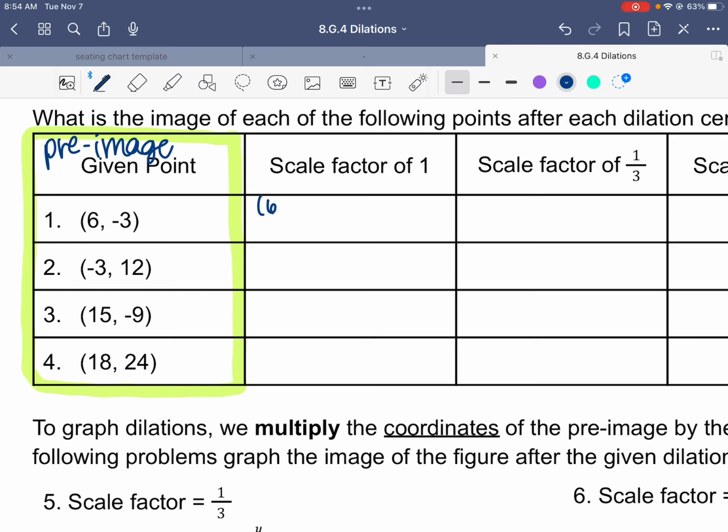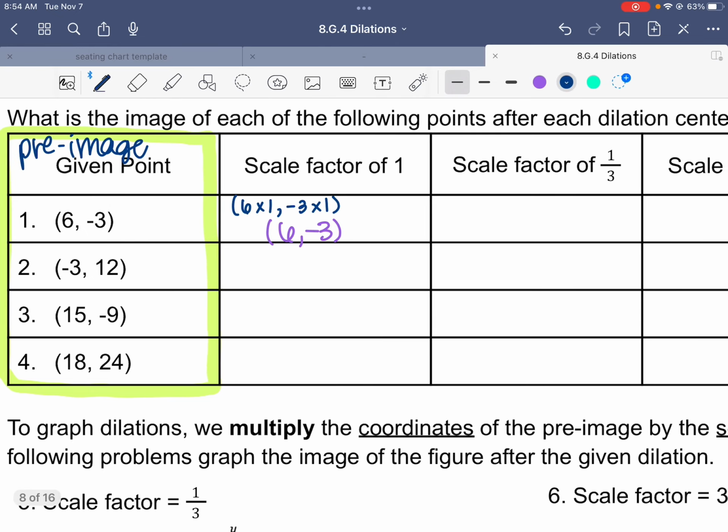So we have 6 times 1 and -3 times 1. So our new coordinates are 6, -3. So with a scale factor of 1, nothing changes. So the figures are still going to be congruent.